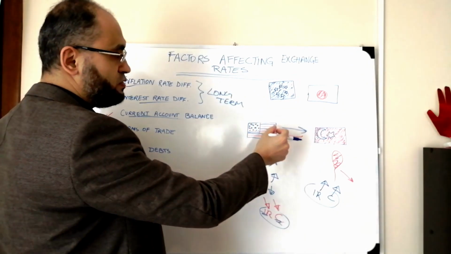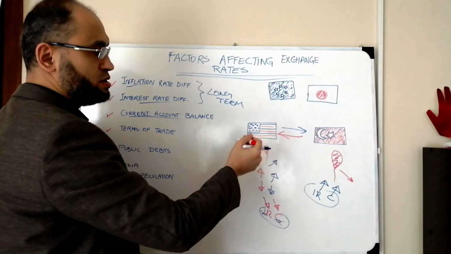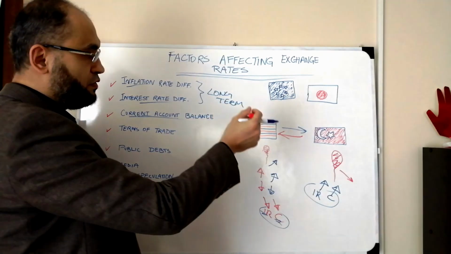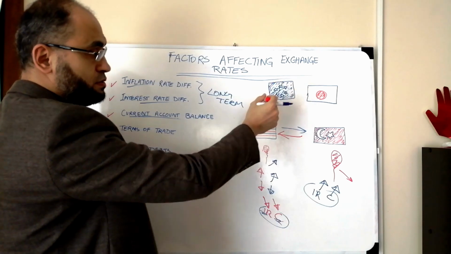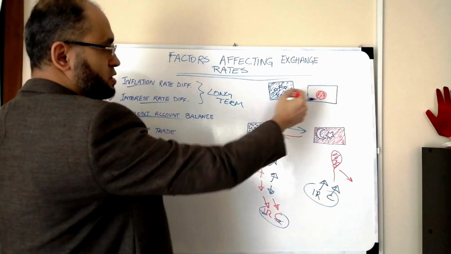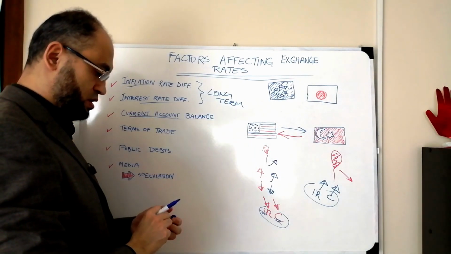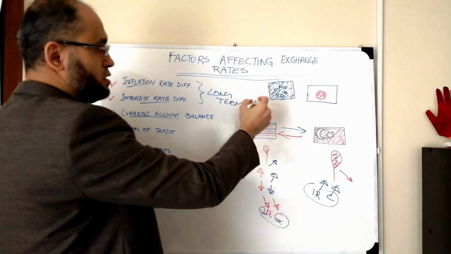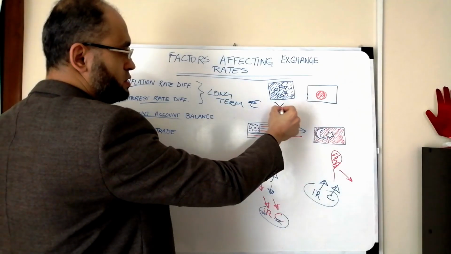Now, if it doesn't have enough balance to pay for the imports, then it starts to borrow foreign currencies. Let's say that these are the countries that are lending foreign currencies to this country. So let's say now they are borrowing from other countries.